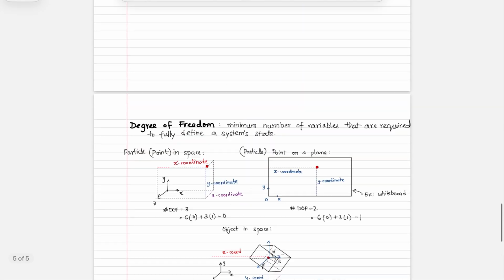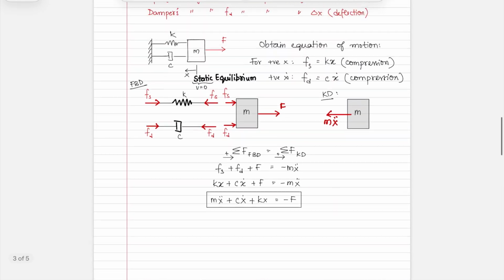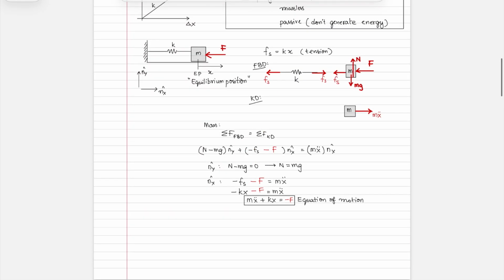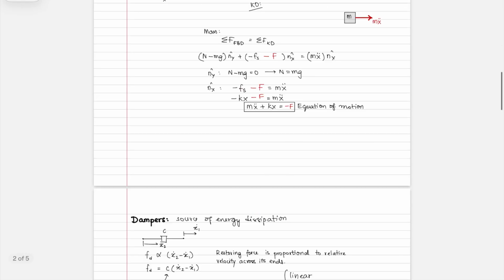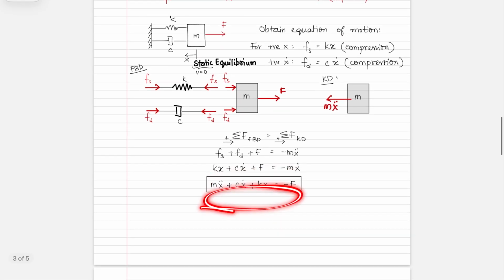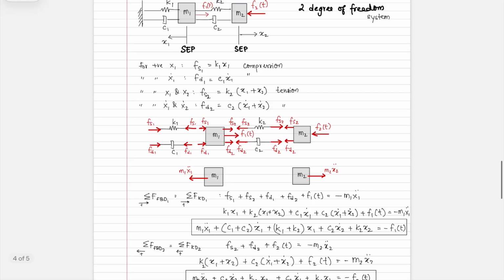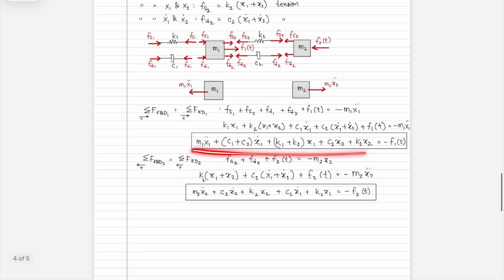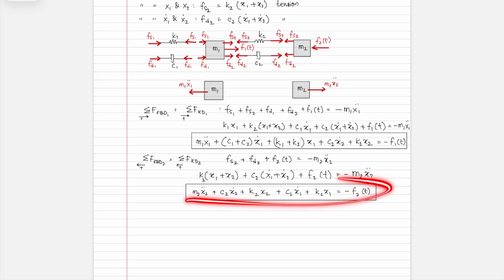Each equation of motion, that is what we've been obtaining here, starting with this one, defines how x will change with time. Okay, the same with this one. And now when we had the 2 degree of freedom system, you had two equations of motion. When you have these two equations of motion, it defines how both of those variables will evolve with time.